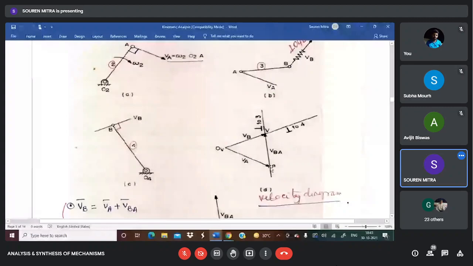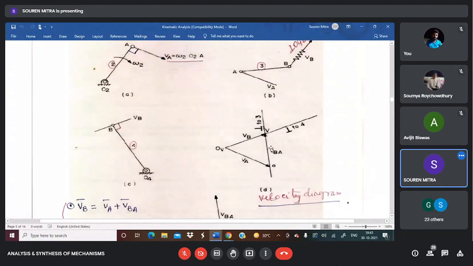So we drop a perpendicular to AB and draw a parallel line to this. This line intersects the line of action of B at this point, which is where the velocity triangle closes. Joining these points, this gives you the velocity at B, and this gives you the relative velocity of B with respect to A, or VBA. Okay, is it clear?